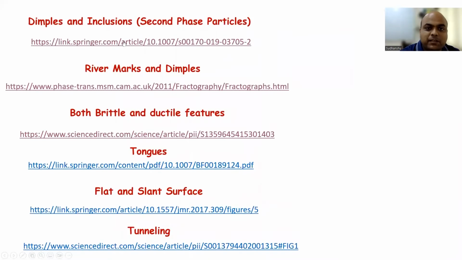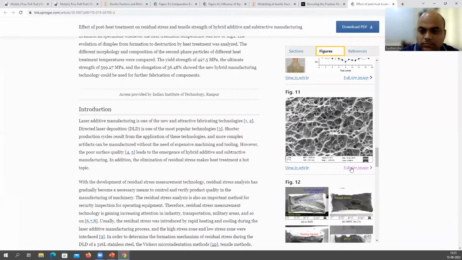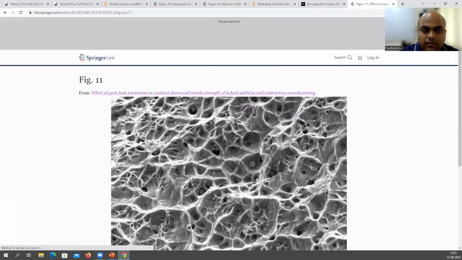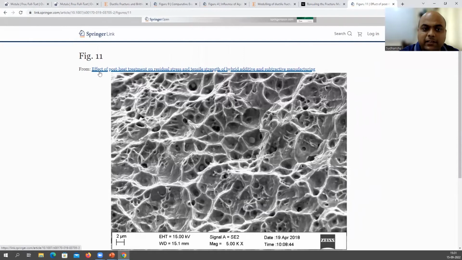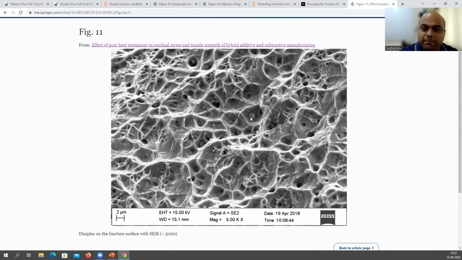Now let's see dimples and inclusions. This is a very nice image actually. This one is from a paper titled Effect of Post-Heat Treatment on Residual Stress and Tensile Strength of Hybrid, Additive and Subtractive Manufacturing. You can see very nicely dimples and then lots of particles, isn't it?